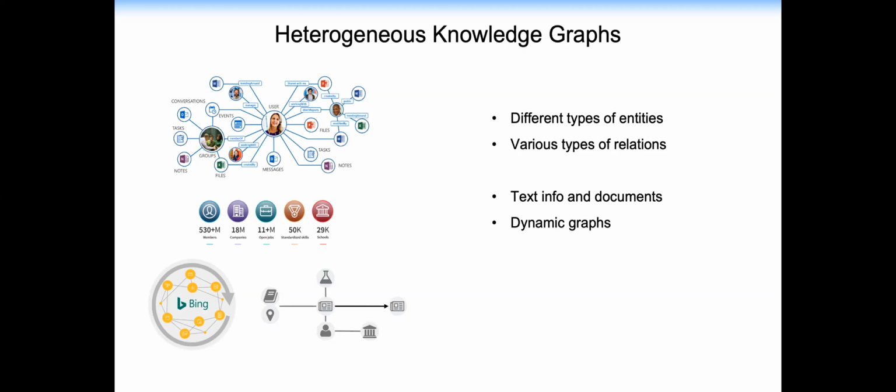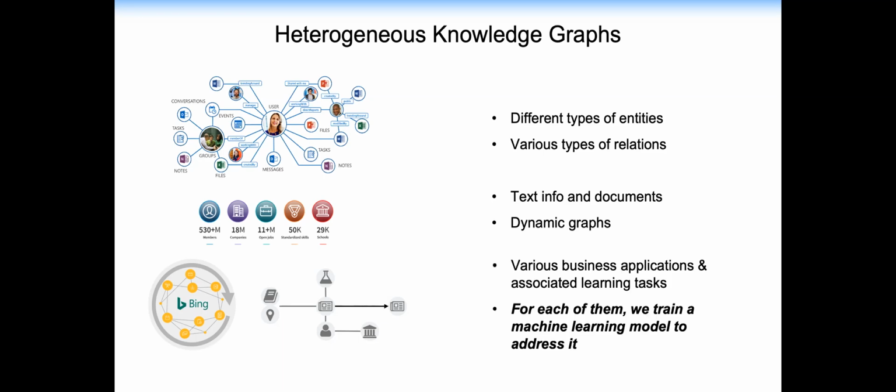And for the Office knowledge graph, you have Word documents and email text information. And most of the time in the real world, those graphs are also associated with time information, meaning they evolve over time. For example, the academic graph I showed you actually contains publications over the past 200 years, right?